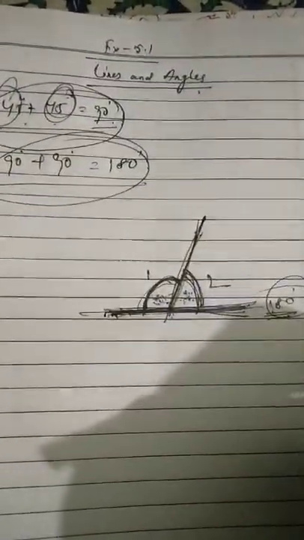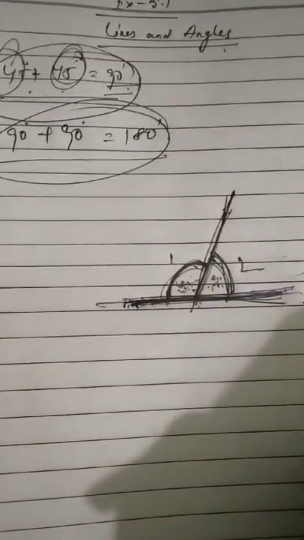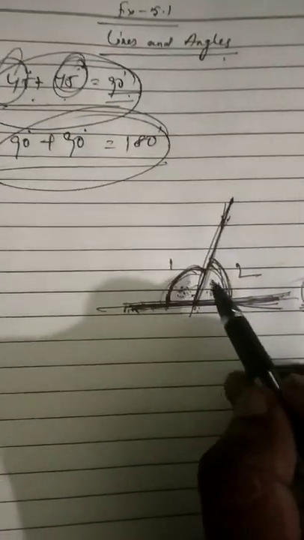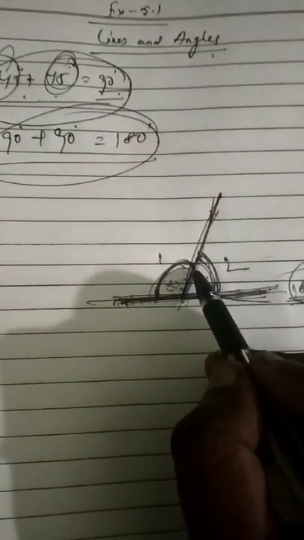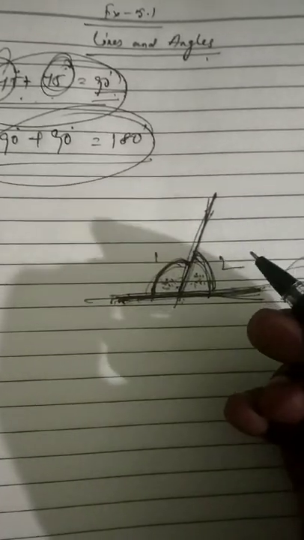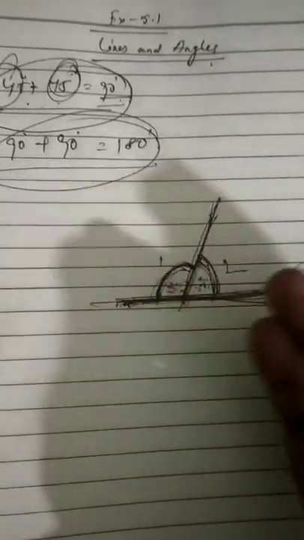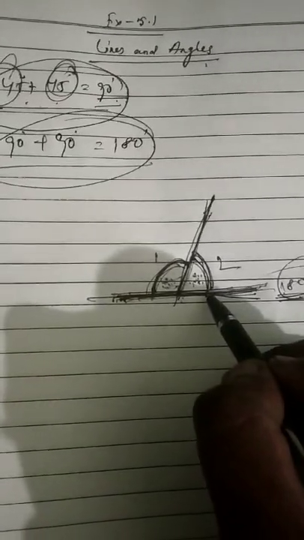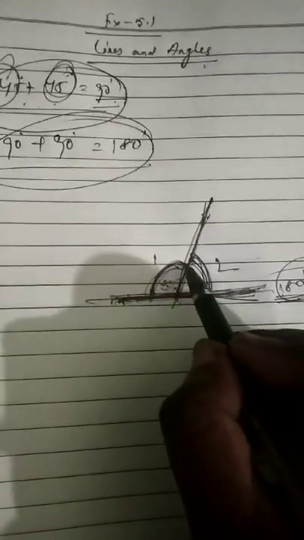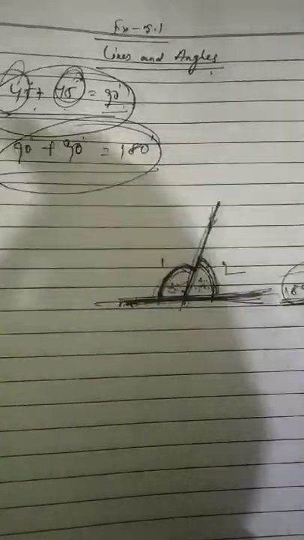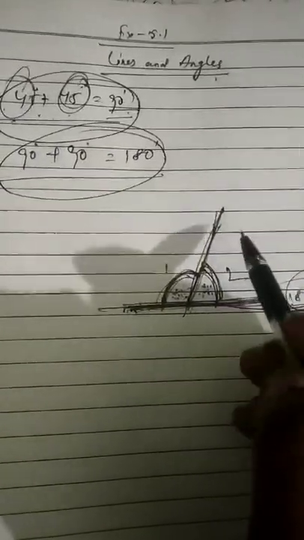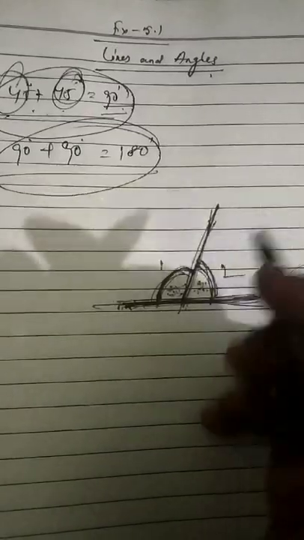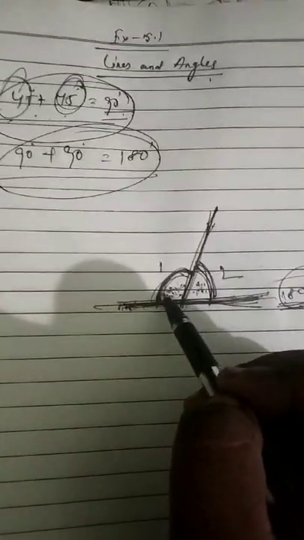The question was that of these two angles, it's clearly visible that angle 1 is larger than angle 2. Angle 2 is smaller in measure, angle 1 is larger in measure. What will happen if the measure of angle 1 decreases?